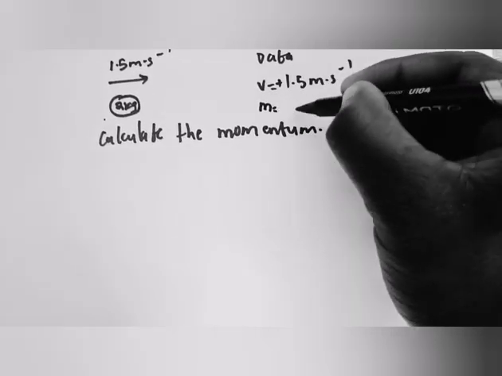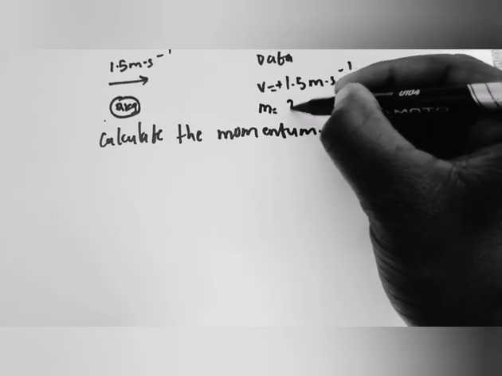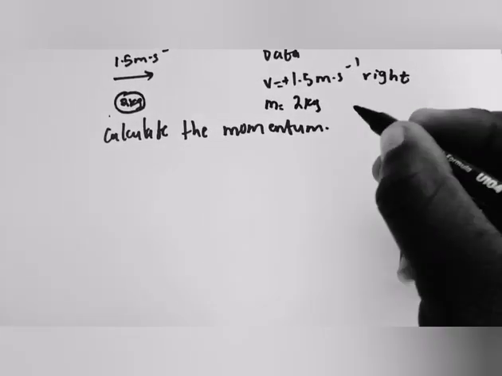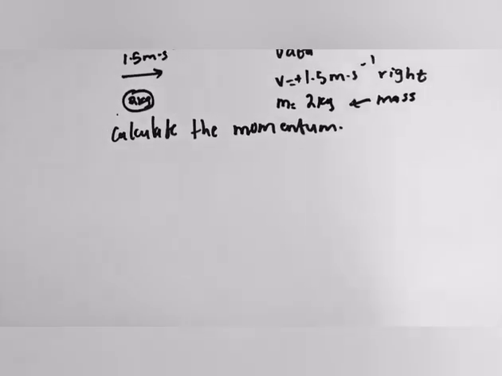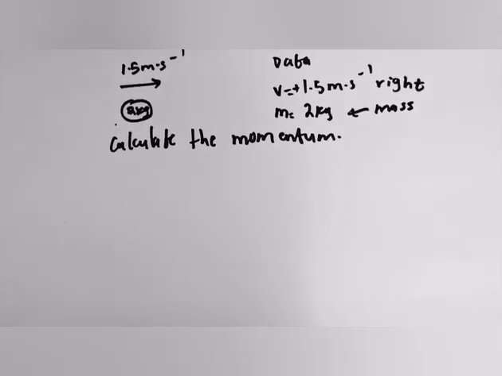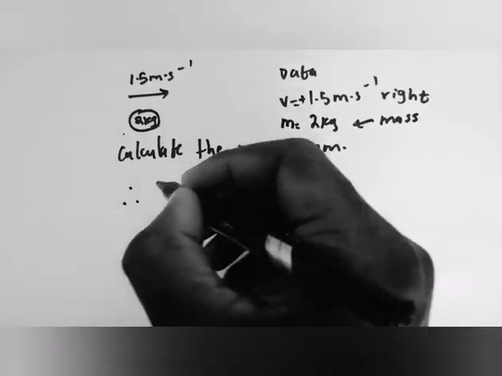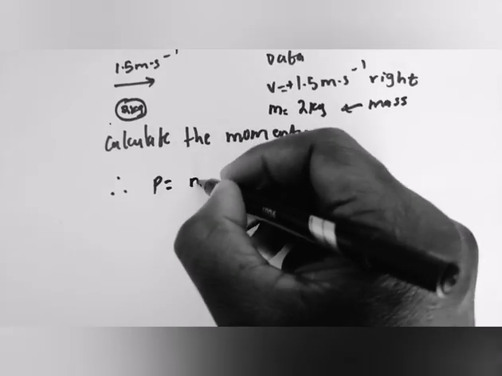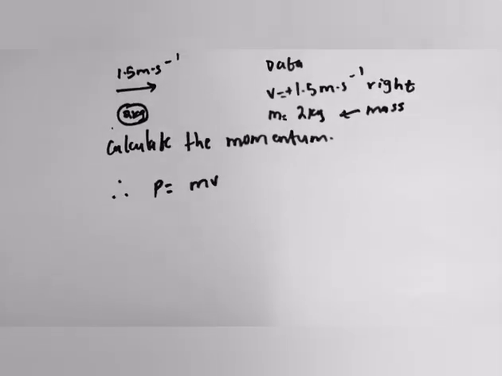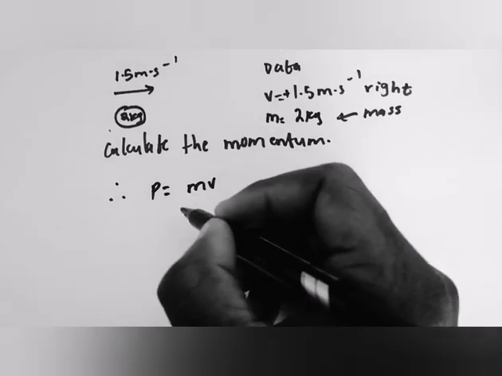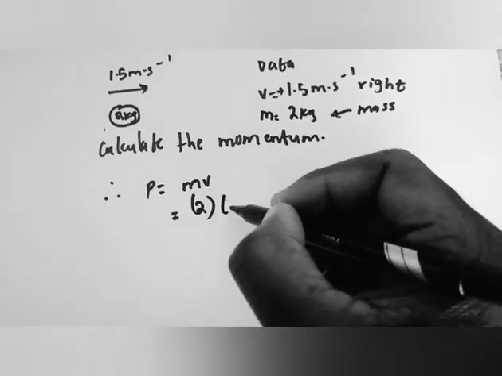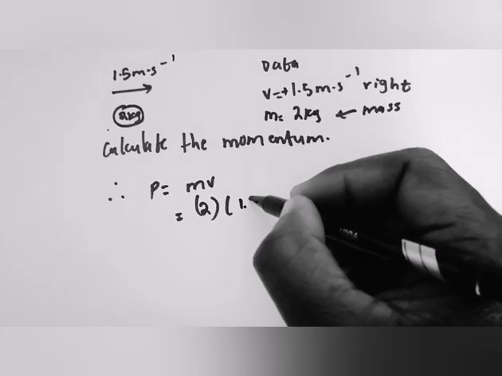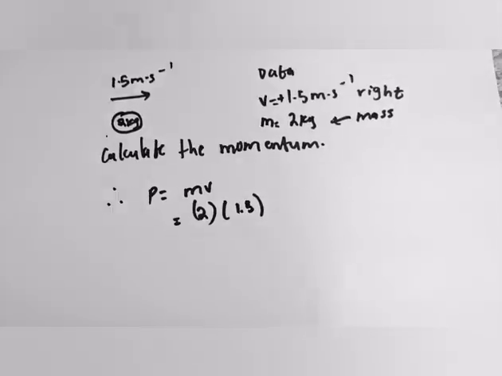Now the mass is 2 kg. We are happy because they are in their original SI units. So that's the mass. Now calculate the momentum. The first thing you must do: P equal to mv, where m is the mass of the object, which is 2 kg, multiplied by 1.5.